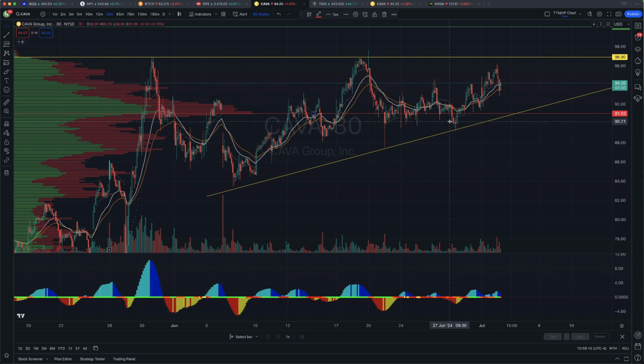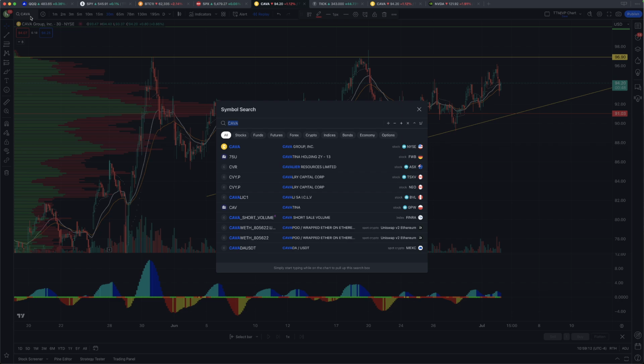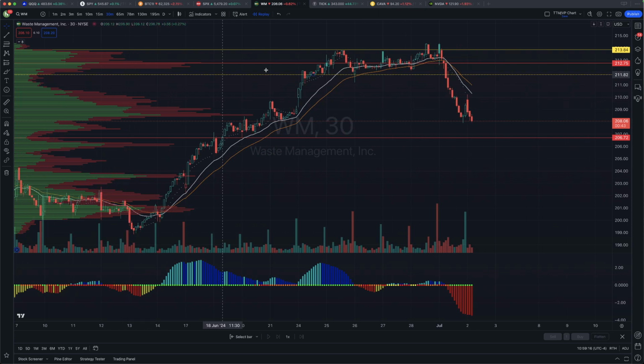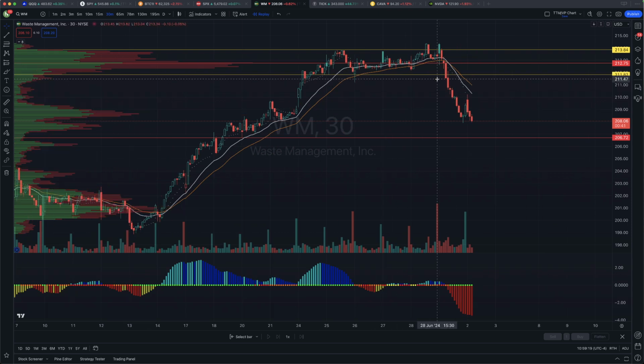In Kava's case, that's the option. In Waste Management's case, it's not stopping out when the chart breaks down. So it's not the option you're in, it's not stopping out when the chart breaks down. And there's a variety of reasons for that. Maybe you didn't know where the stop out level was because you didn't mark up your chart.